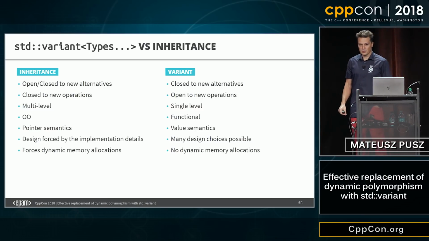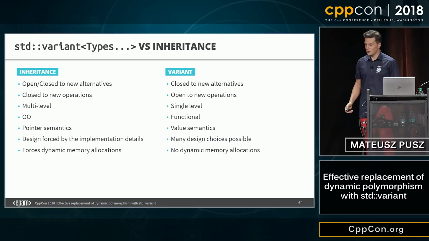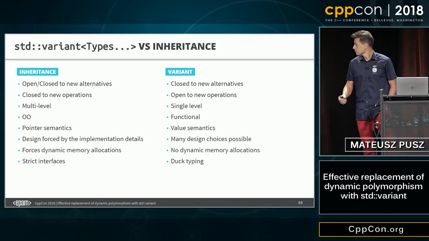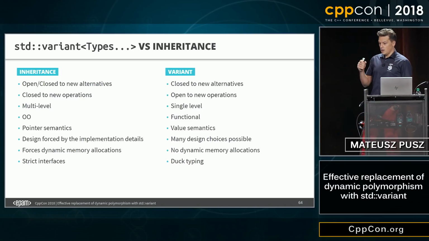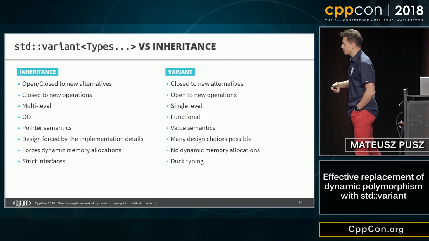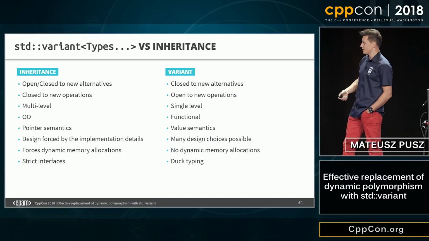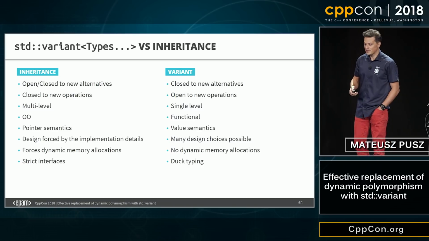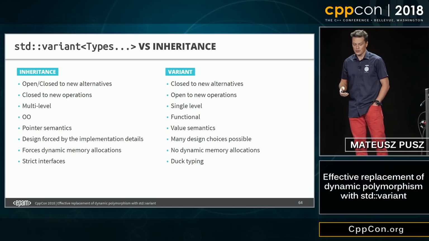In case of inheritance, you are forced in most cases to use dynamic memory allocations. With variant, you don't have those. Strict interfaces in case of inheritance: each state, each event has to have exactly the same signature as the base class. In case of variant, you have duck typing, you may have returning void or int.